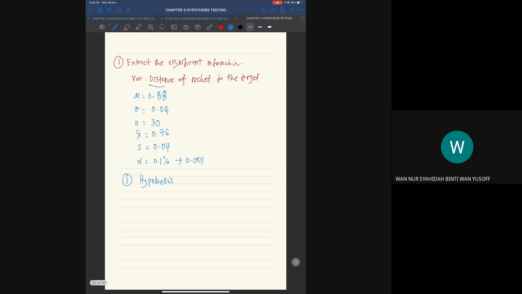For a quantitative variable, it will be either mu or sigma that we can use. It cannot be pi, because pi is for qualitative data. So it will be either mu or sigma.